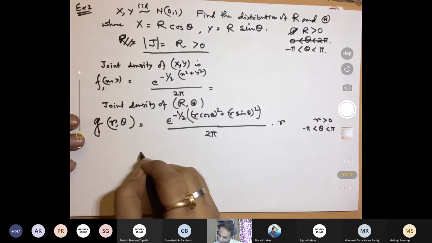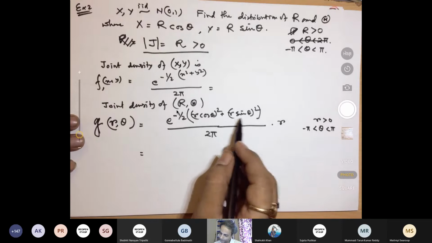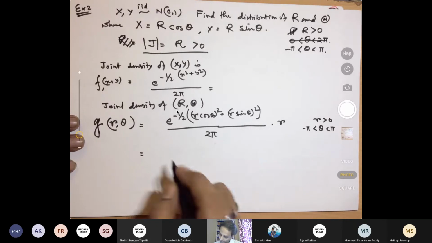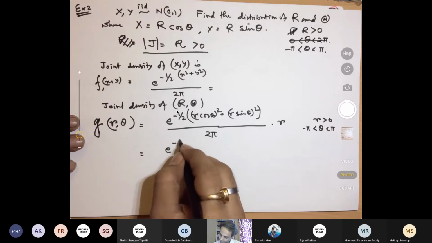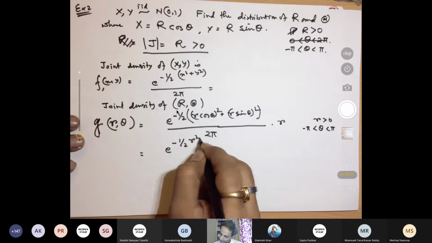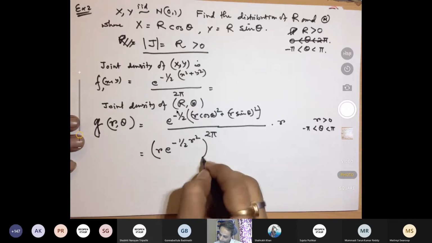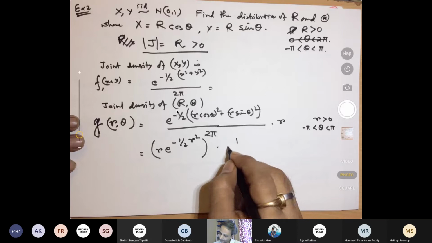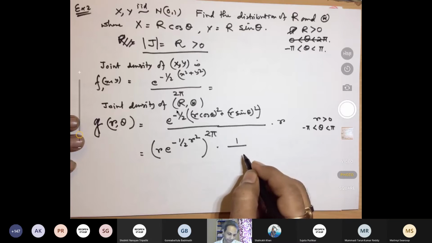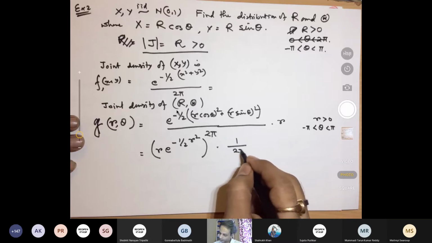Now here you see that cos square theta plus sin square theta will be 1. So e to the power minus half r square into r is one part, and another part is 1 by 2 pi.